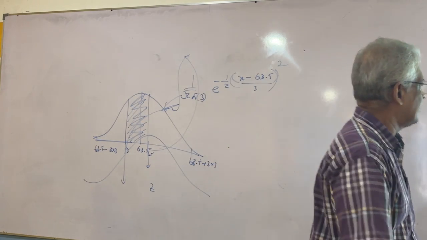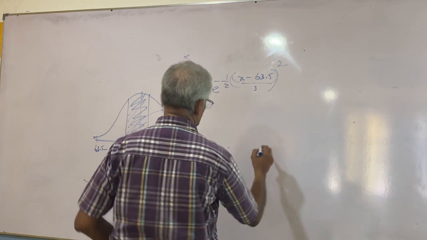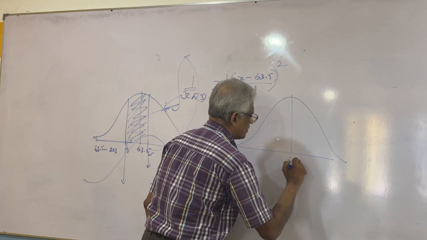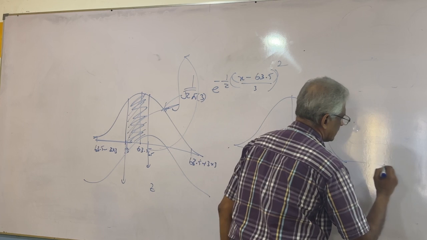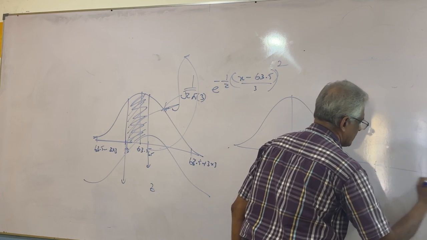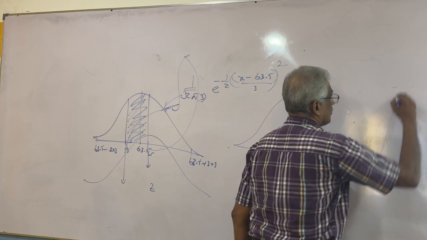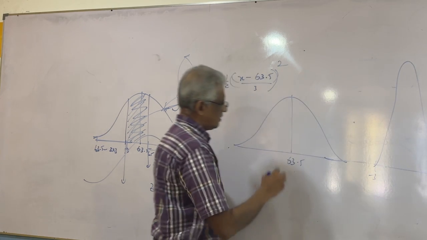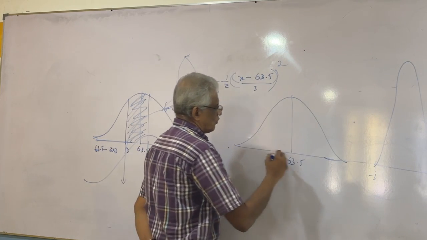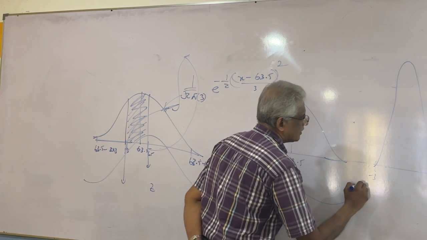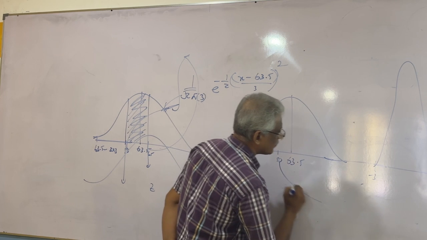We can convert this normal distribution, centered at 63.5, into the standard normal distribution, which will be between minus 3 and plus 3. It will be like this. There is a value here, 50, and that will be converted into some value on this one.